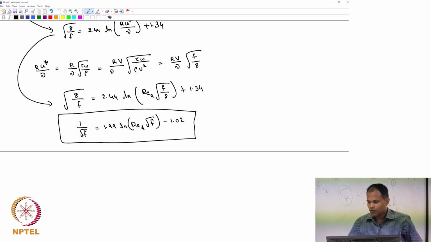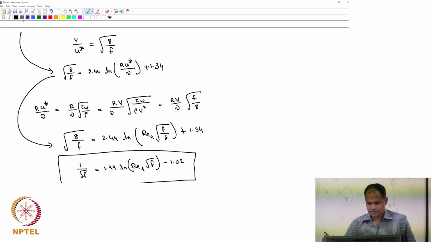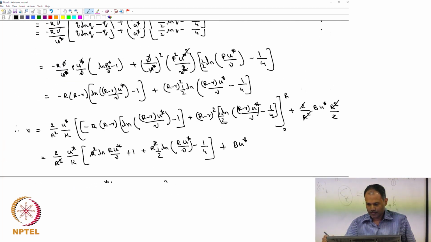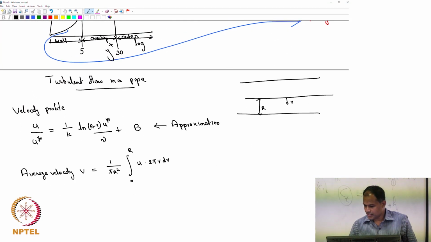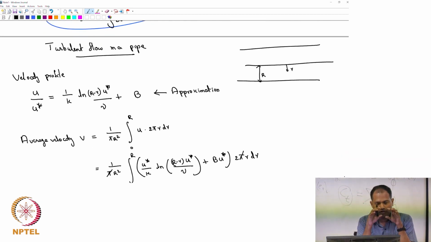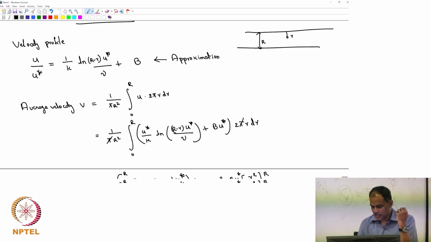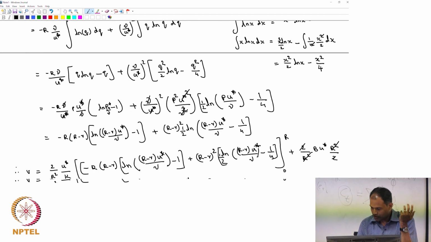So let's just go through what we have done. We started looking at the turbulent flow through the pipe, and we said the velocity profile is simply given by the overlap layer law, which is the logarithmic law. We assumed that that is the case, and then we calculated an expression for the average velocity.